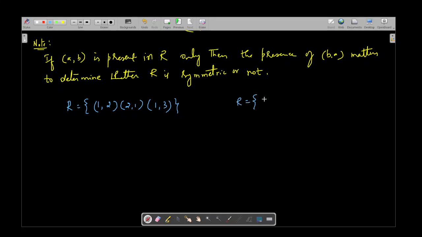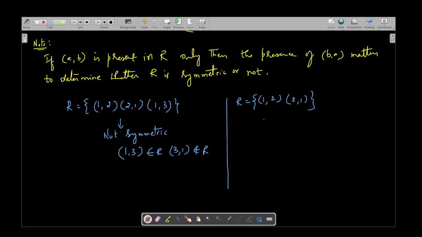If I write R equal to {(1, 2), (2, 1)}, so here this is not symmetric because (1, 3) is there in R, but (3, 1) is not in R. So in the second example, this is symmetric because both (1, 2) belongs to R and (2, 1) belongs to R. So here we don't have (1, 3).